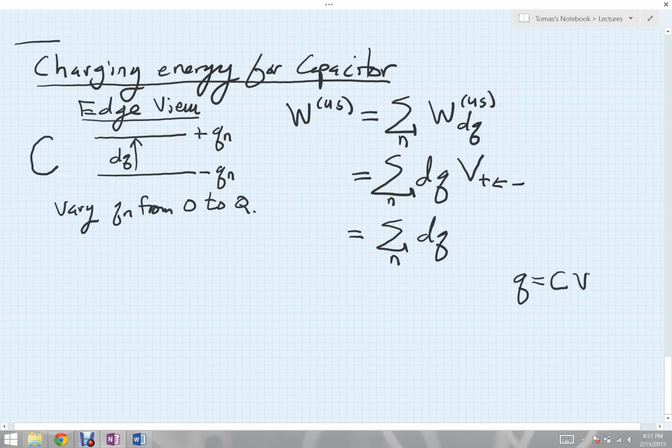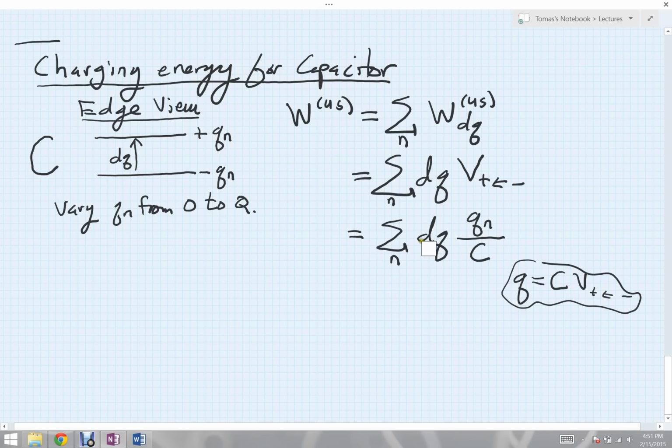Q equals CV. Because of that, I can re-express this voltage as the amount of charge at the nth step, because this voltage will be changing as I've moved more and more charge, but at the instant I'm moving this dq, the amount of charge on there is q from that nth step, and I can then divide by the capacitance. What I hope you are starting to see is that I've set this up as a kind of Riemann sum.